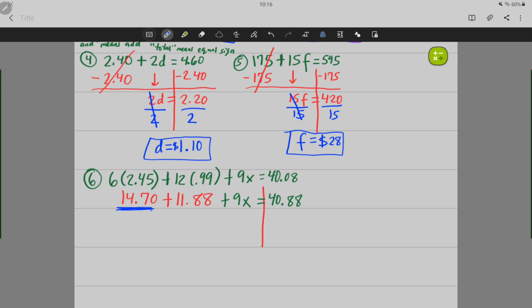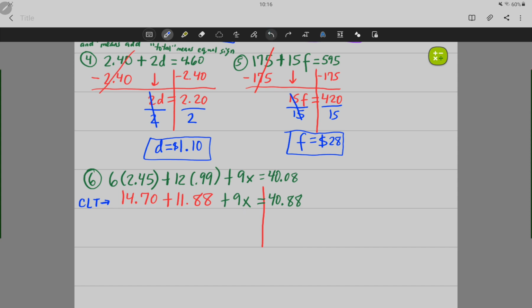I have 1 term, 2 terms, 3 terms. What I really want is just for it to say x. But I have to do a little bit of work for that to happen. What I have to do now is something you should be familiar with. Combine like terms. So do I have any other variables with the letter x besides this one?